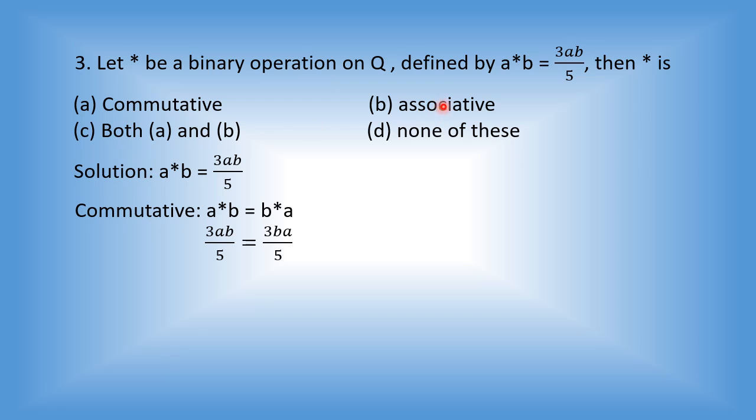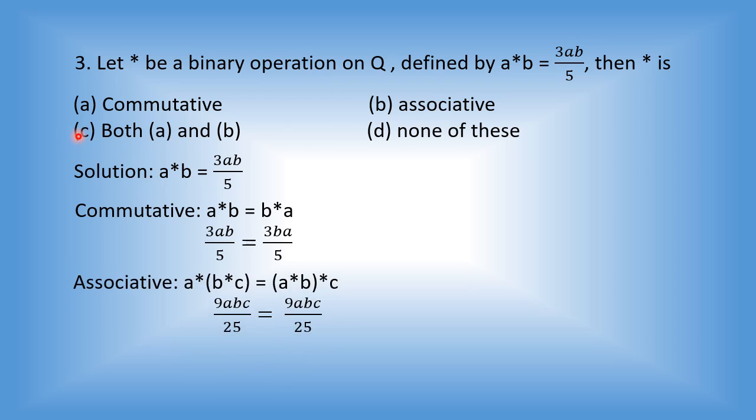If it is associative, then the option will be option C. Associative means (A star B) star C is equal to A star (B star C). By applying the definition and simplifying, you will get 9ABC divided by 25 on both sides. The left hand side is equal to the right hand side, hence this is associative. Therefore the answer is option C.